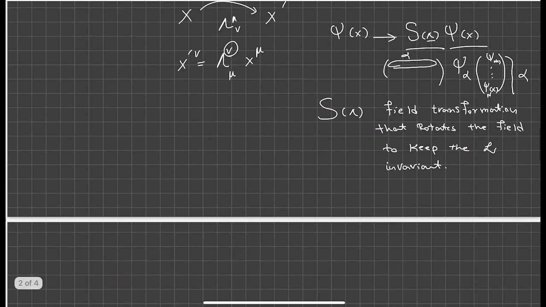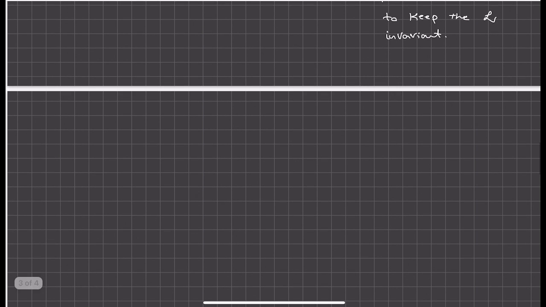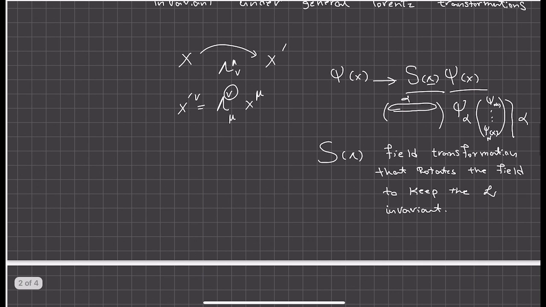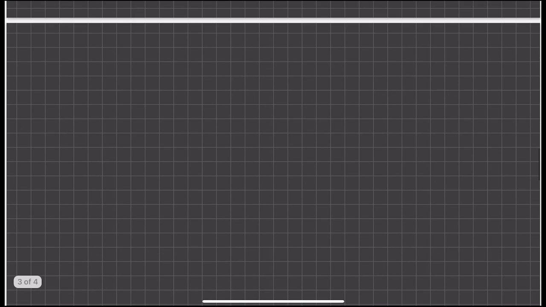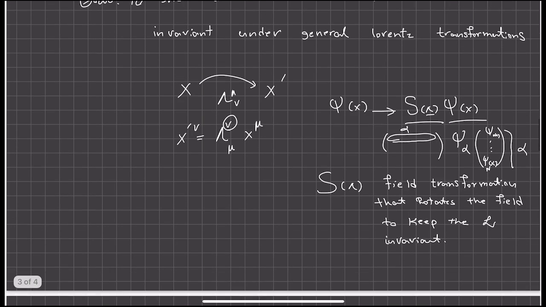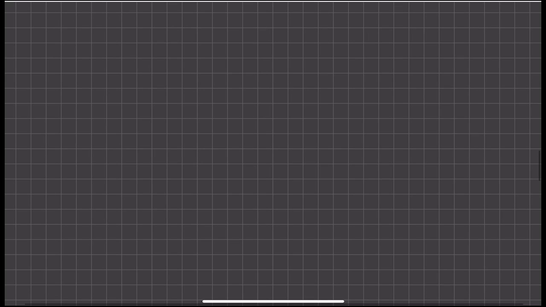So in general, imagine that we are just adopting this notation. x prime is some Lorentz transformation acting on the x coordinate and taking us to a new set of coordinates. The way to proceed is to write down the Dirac equation.